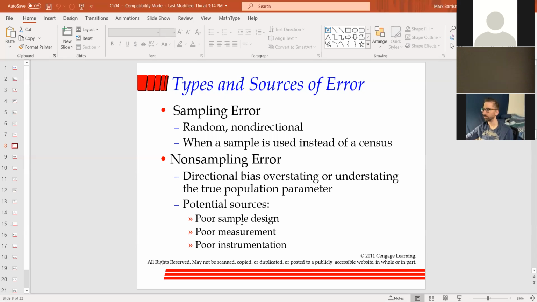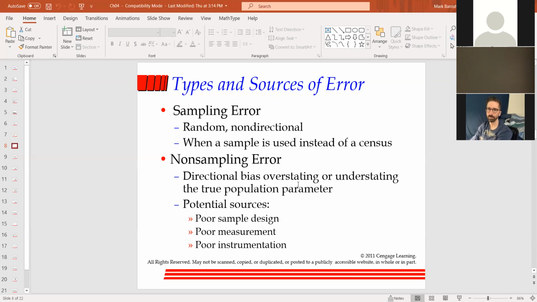Now, non-sampling error is basically biased results, okay? You're going to end up overstating or understating the true population parameter in a certain direction. The best example of this would be a poor measurement. Let's say you were simply weighing people. Maybe weight was something you were doing as part of your research.